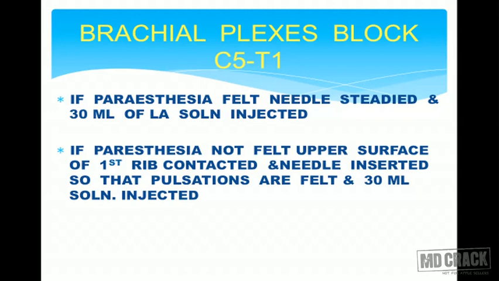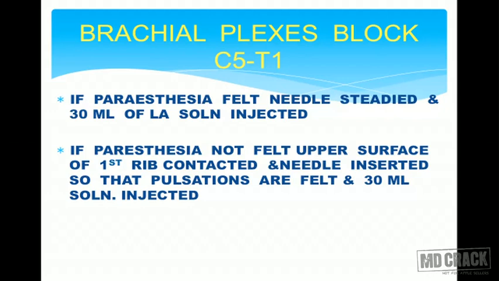First is just as I said, if paresthesia is felt. But the second situation is if paresthesia is not felt during the procedure. Then as you go deep in the direction I described, that is downwards, backwards and inwards, you hit the first rib.